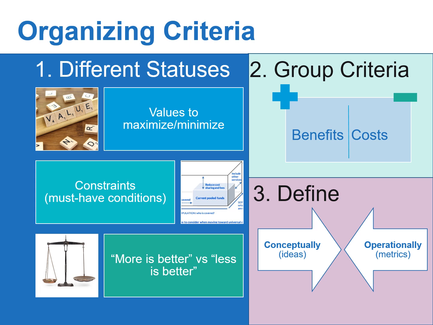Some are absolute constraints, for instance, legality. It's most often useful to group criteria into benefits versus costs, and more importantly, criteria should be expressed both conceptually and operationally, meaning not just the idea, but a measurable indicator that allows us to compare across alternatives.